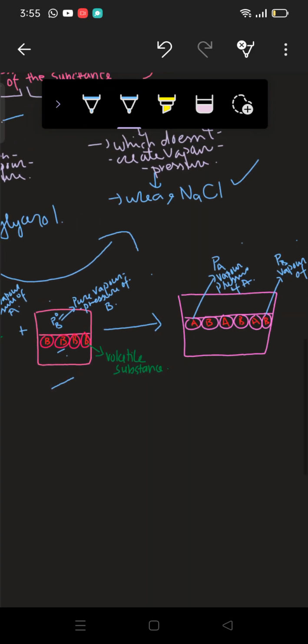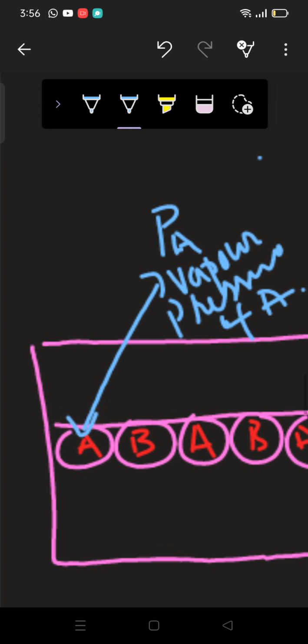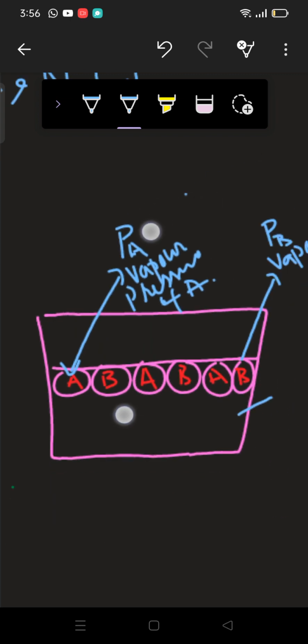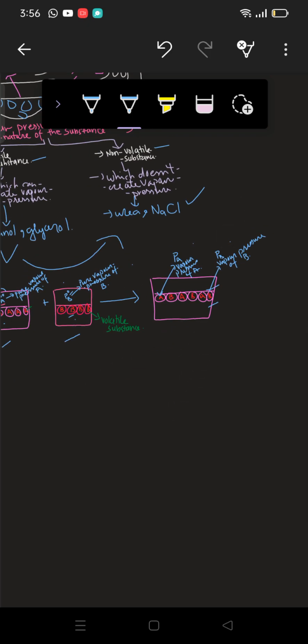But now as they both are mixed together in a container, some properties of each vapor pressure exist in them, right? Now the A molecule will not have its pure vapor pressure, but it will have PA, which is only the vapor pressure of A, right? Not the pure vapor pressure of A, only the vapor pressure of A. B will not have the pure vapor pressure of B, but only the vapor pressure PB.